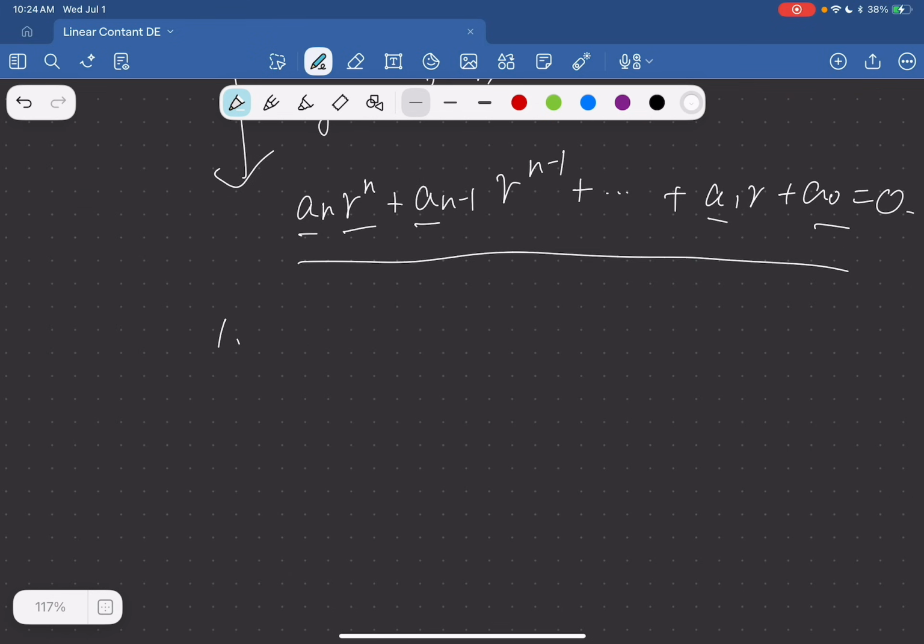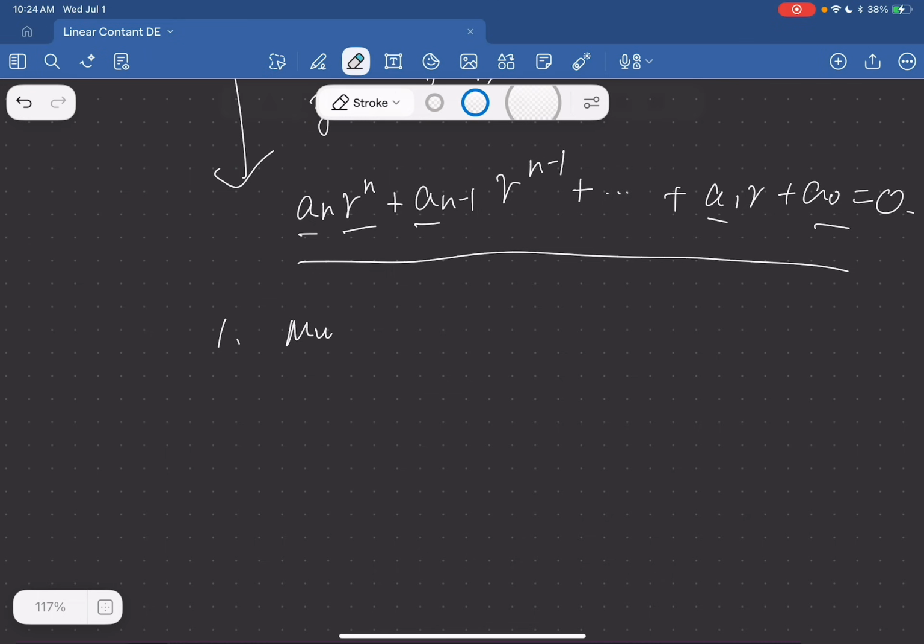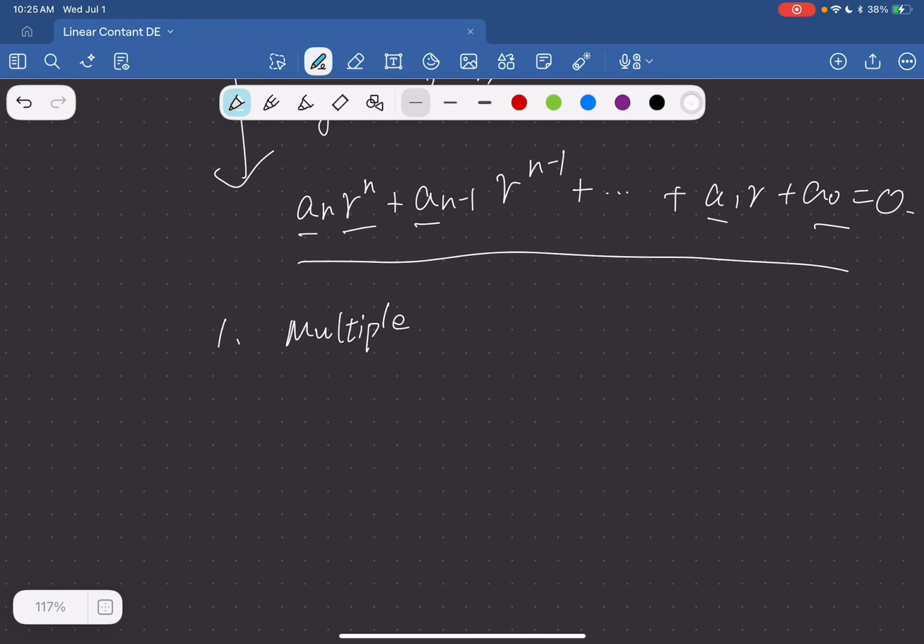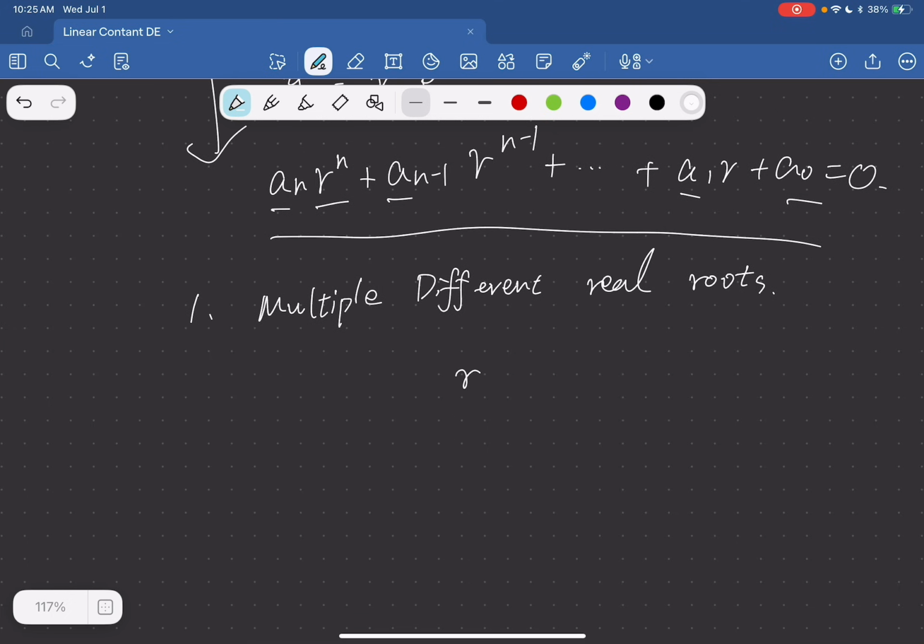First is when we have multiple different real roots of the characteristic equation. For example, we have r1, r2, and r3.